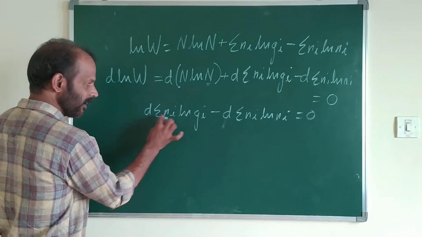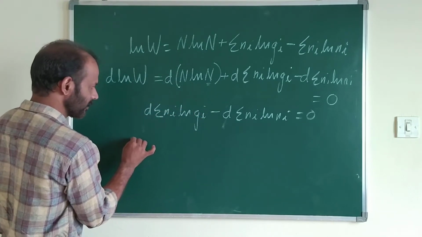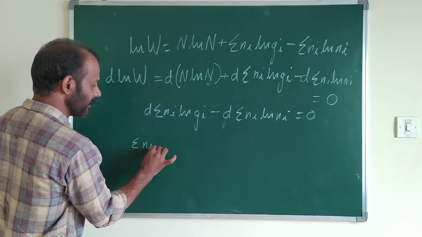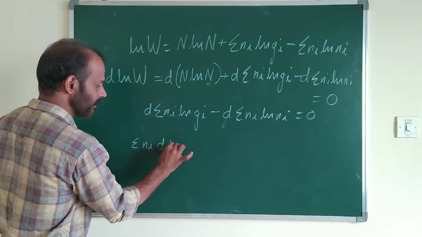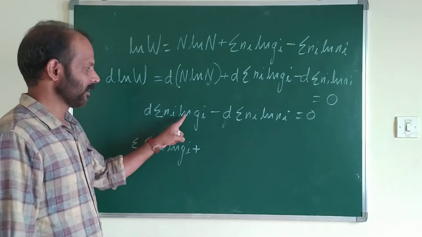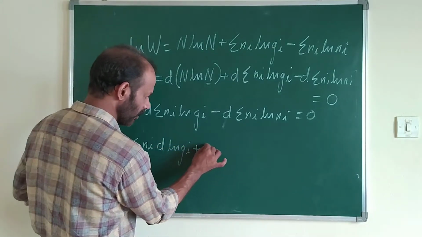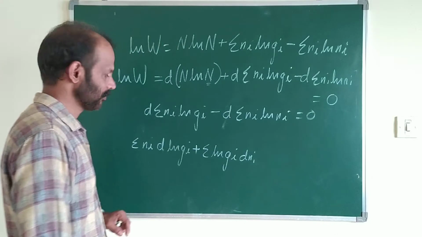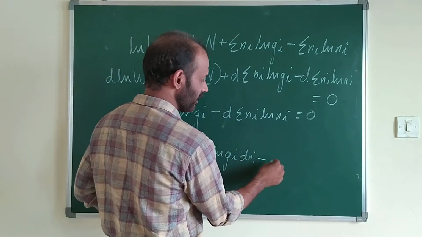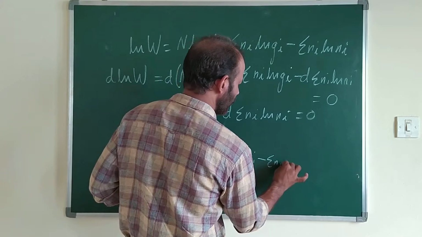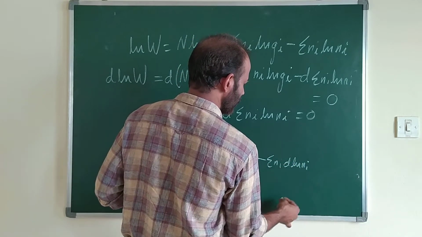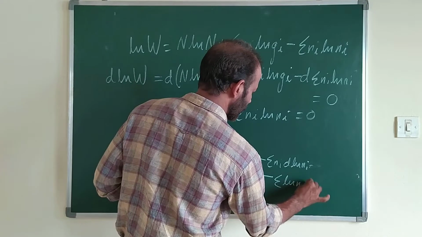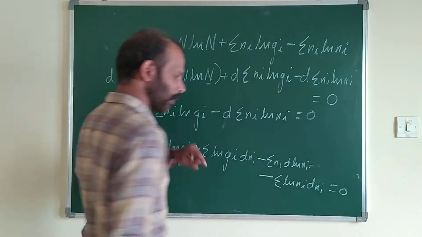So keeping ni constant and differentiating ln gi, we get sigma ni d ln gi, plus keeping ln gi constant and taking the differential of ni, that is d ni, minus the same thing here, sigma ni d ln ni minus sigma ln ni d ni is equal to 0.